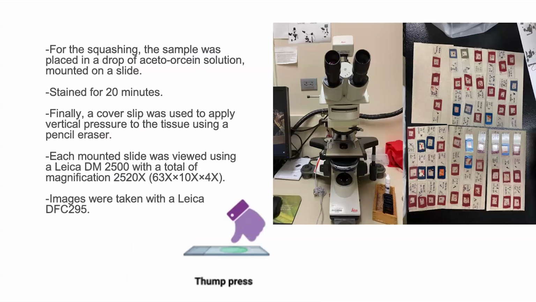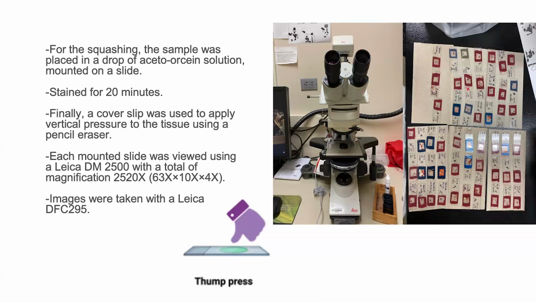So we use the squash method, which basically just applies pressure to the tissue, destroys the cells, and spreads the chromosomes. After that, we use a stain to be able to look at the chromosomes in the microscope. After some time in that stain, we apply vertical pressure to the tissue. We can use the drum, like we see in this figure, or we can use a press.